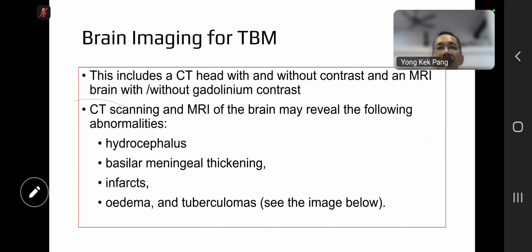Okay, brain imaging for TB meningitis. This includes CT or MRI, with CT head with or without contrast, and MRI with or without gadolinium contrast.